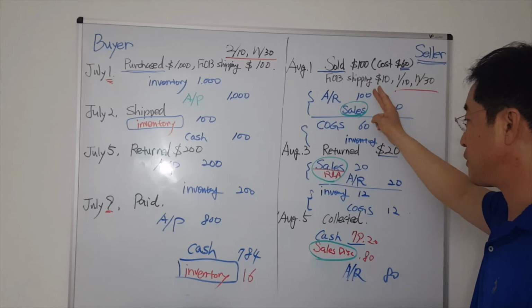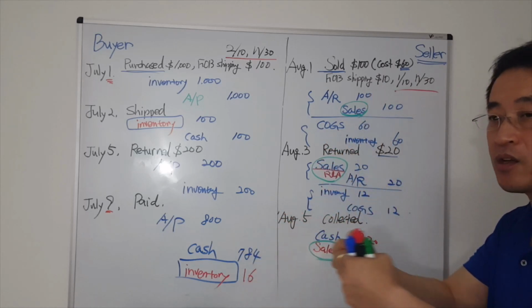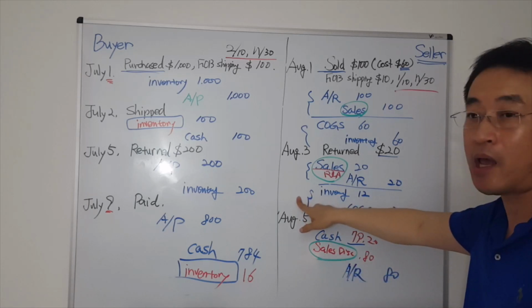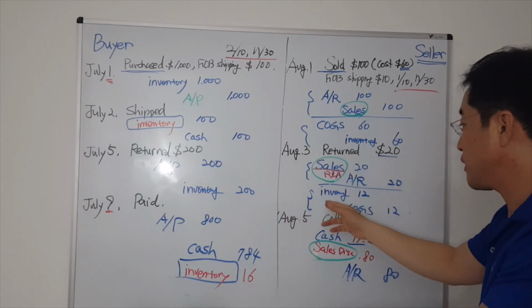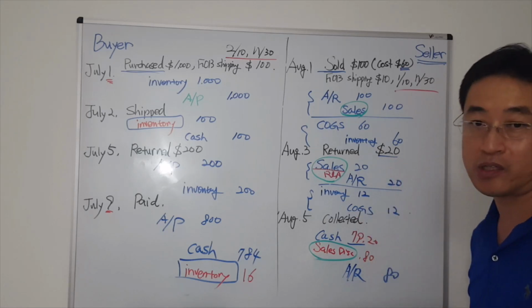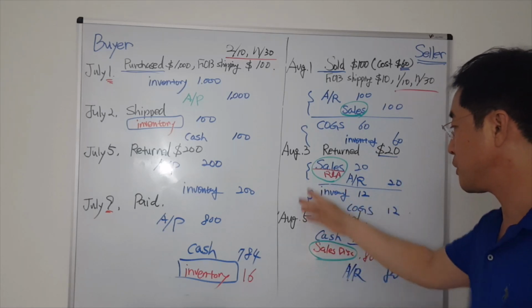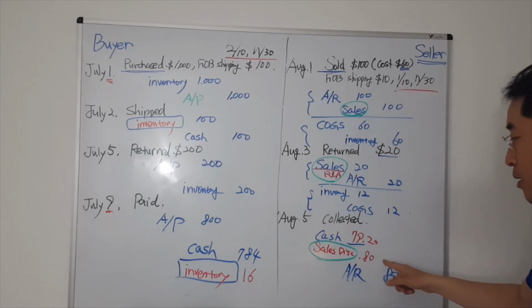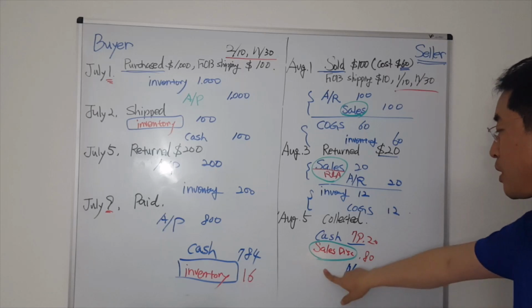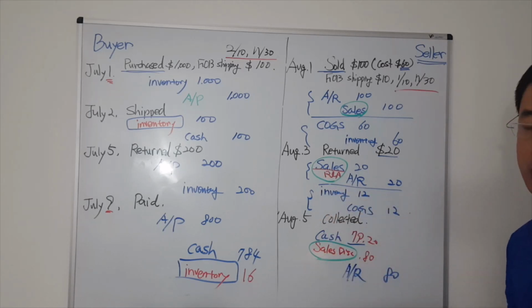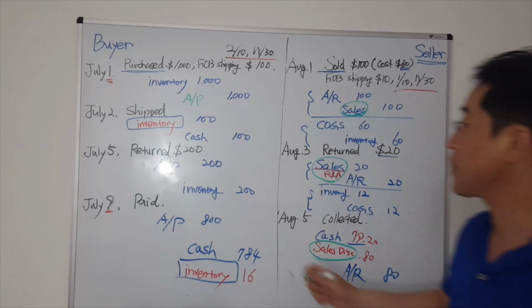For a return, because we physically got the goods back and can sell them later, we have to reverse the amount of inventory and cost of goods, so we need two sets. When we collect, because we granted a discount, we use sales discount, like sales return and allowance. I hope you can find this one.